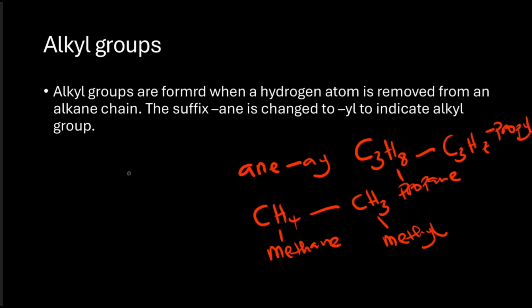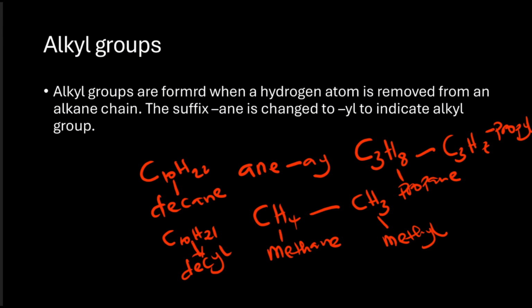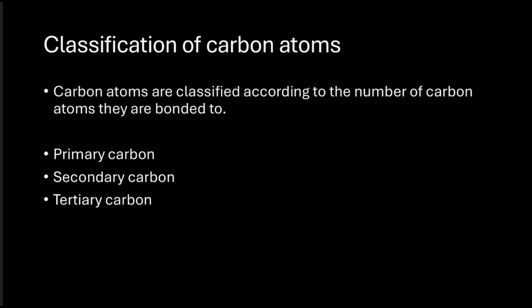So you can try for an alkane with 10 carbon atoms, and the name of this alkane is decane. And if we take one hydrogen atom off, we have this. And the alkyl group name is given as decyl, like that. So let's continue to the classification of the carbon atoms.